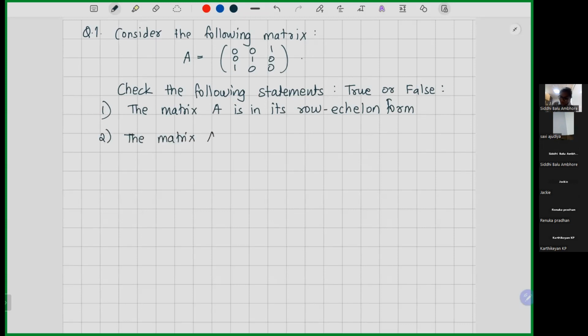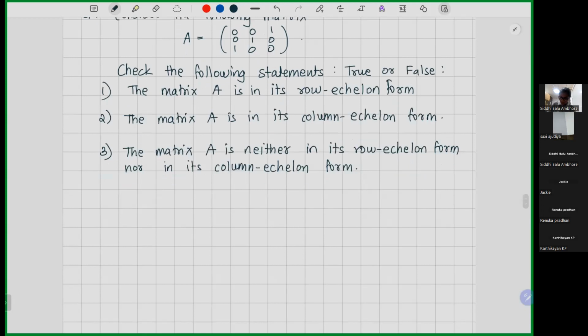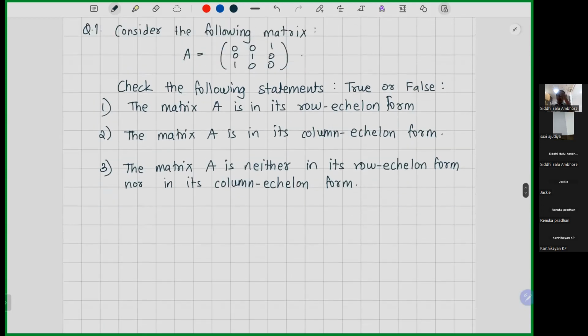The second is the matrix A is in its column echelon form, and the third one is the matrix A is neither in its row echelon form nor in its column echelon form. So we have to check this for this given matrix A.